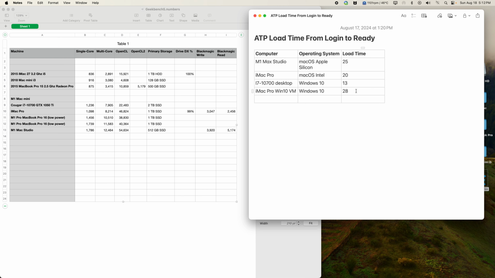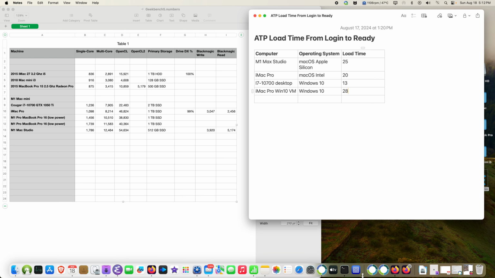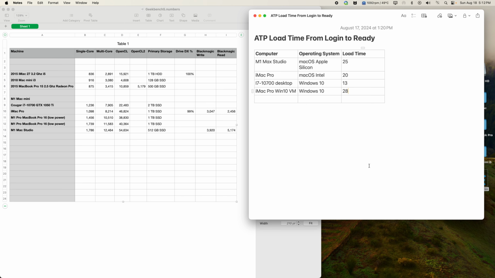I did this with UTM, which is pretty good performing virtual machine software. So that's definitely not a solution, as it's slower than just running it using Rosetta 2. So yeah, sorry.